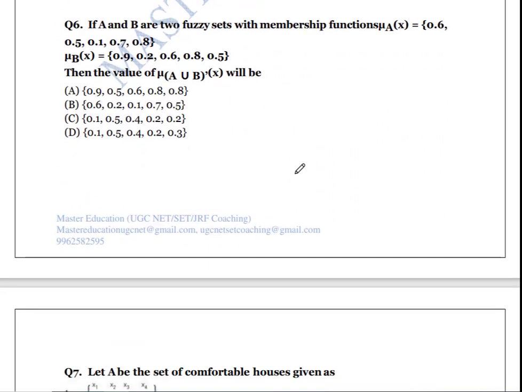And the next one: if A and B are two fuzzy sets with membership functions mu A of x and mu B of x, find the value of mu of A union B, the dash. So union means we have to find the maximum value.